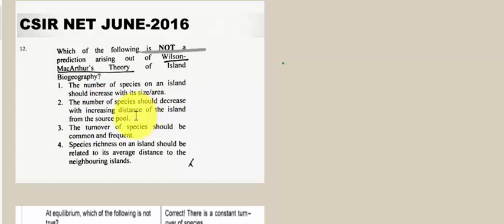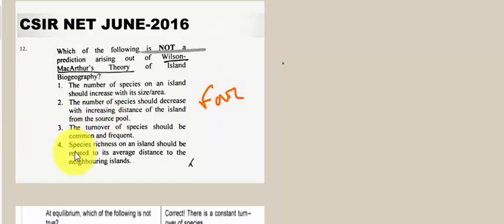The islands which are near to the main island have more number of species because the colonization or immigration part is more and the extinction part is less. Right? So, the number of species should decrease with increasing distance of the island from the source pool. That is, here in statement 2, it is describing the far island. Okay, not near island, far island.